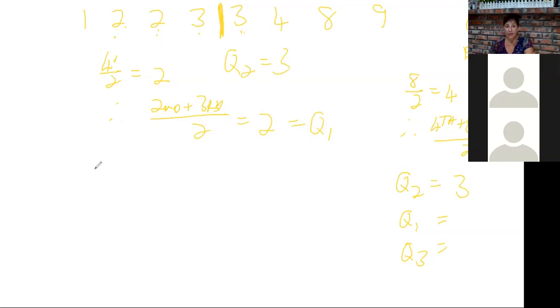And then Q3, it's the middle of the upper half. So again, it's going to be the average between the second and third from the back. 1, 2, 3. So the average of those two: 4 plus 8 over 2, which is 6.